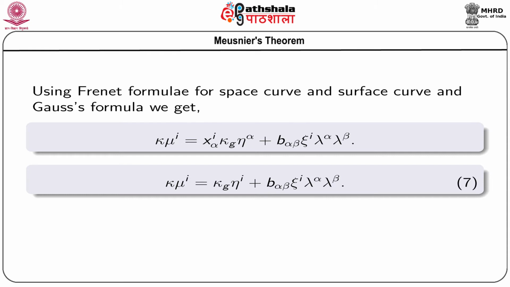Now, xi alpha eta alpha will give us eta i. So, equation 7 comes out: kappa mu i equals kappa g eta i plus b alpha beta xi i lambda alpha lambda beta.